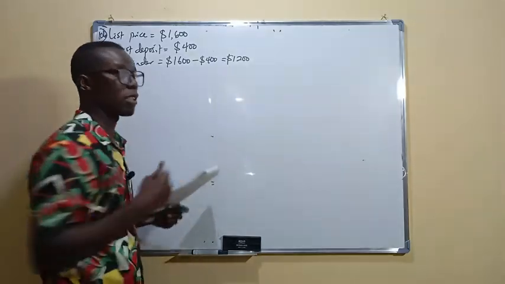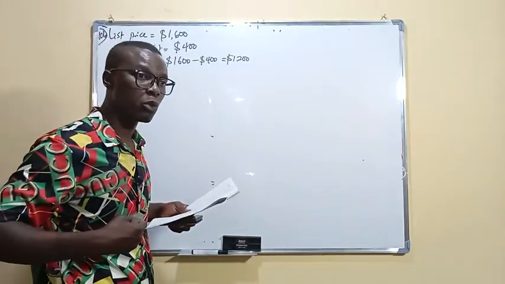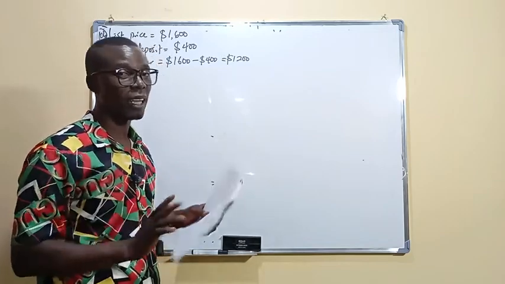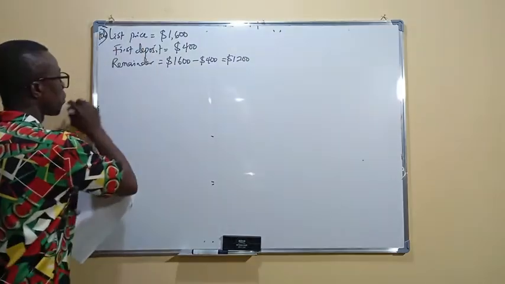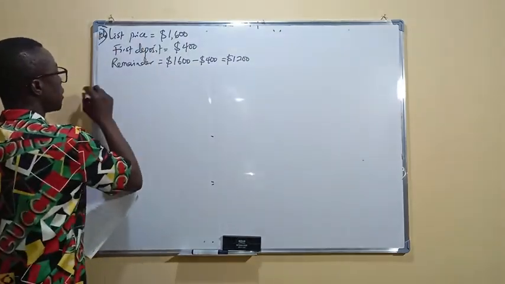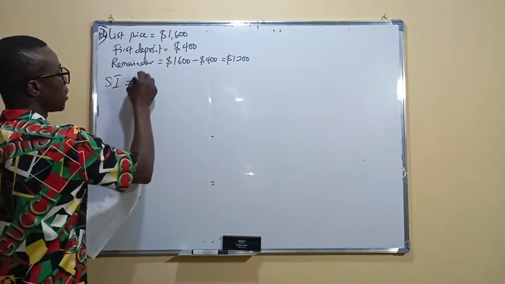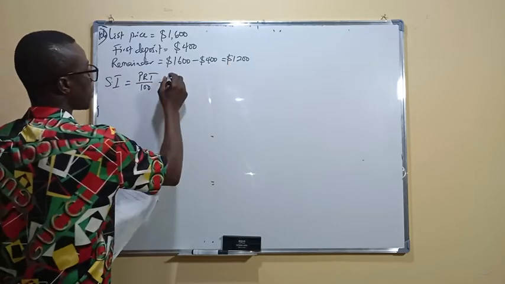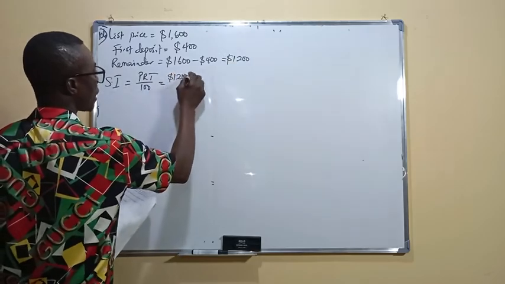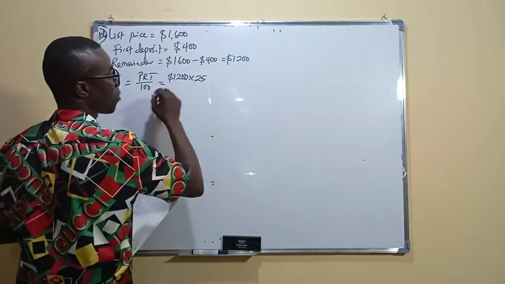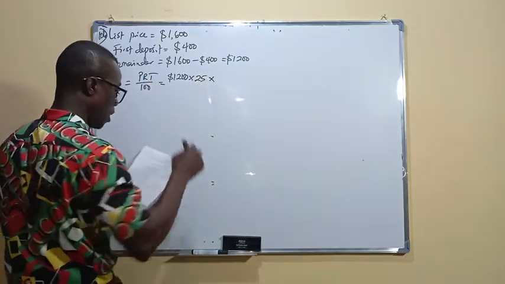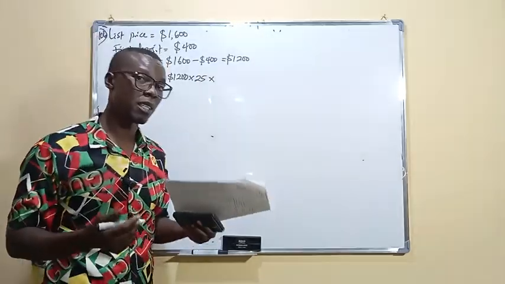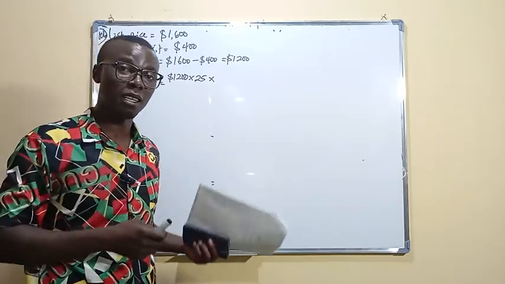Now, I'm given the provision to pay it in 12 installments, but it is going to be at a simple interest. So I have to find the simple interest. The simple interest is PRT over 100. Now the P is this amount, so that's 1,200 times the R, which is 25%, then times T, which is going to be 12 months. Now, remember, in simple interest, the time is always expressed in years.